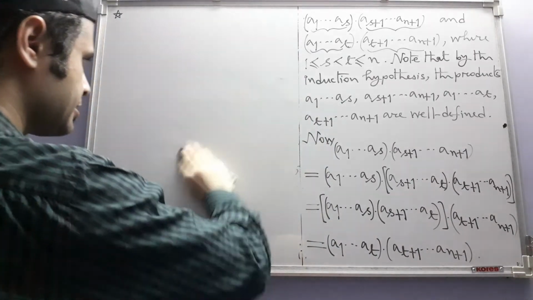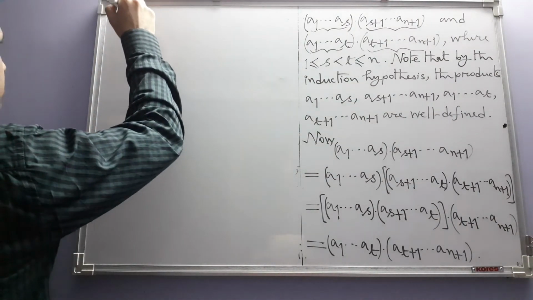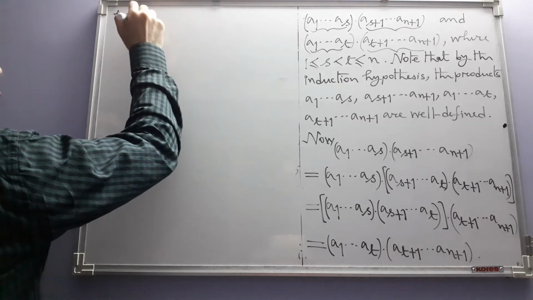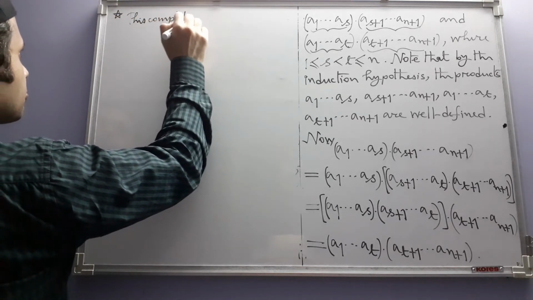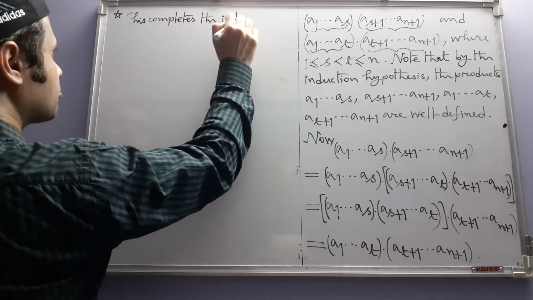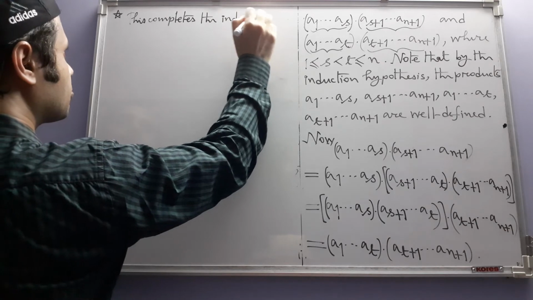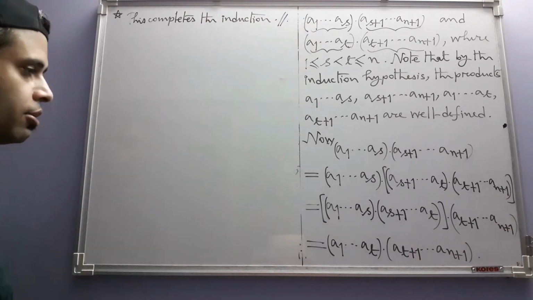This result has a name also. It's called General Associative Law. This completes the induction, and that completes the solution also.